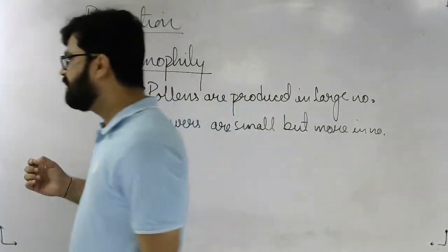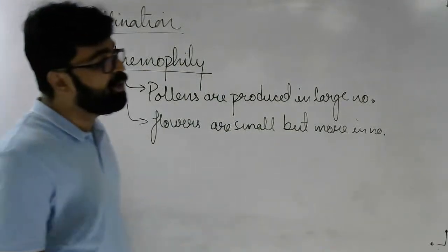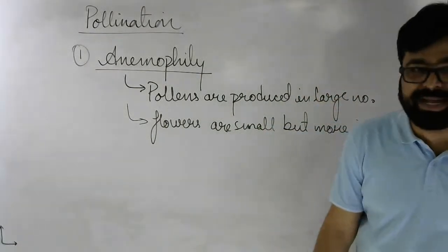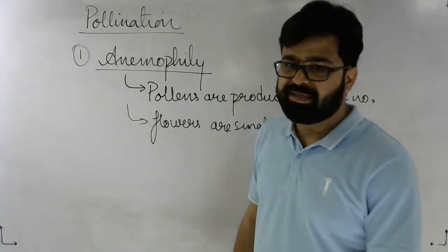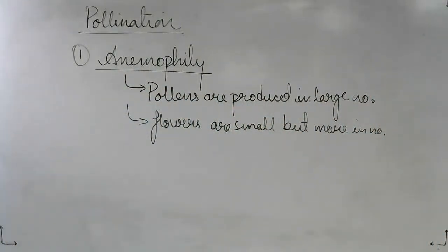So they are lightweight, and some of them are possessed with wings. Okay, yes. And the example of winged pollen is found in Pinus. All of you have studied about Pinus, the gymnosperm. It is having winged pollen grains.